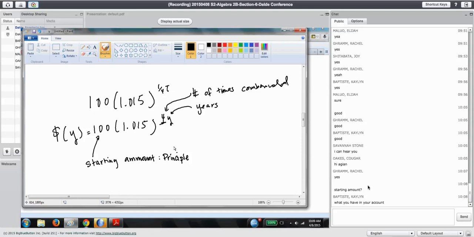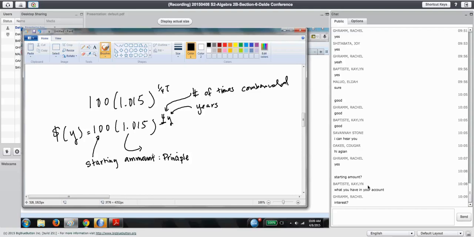What does the 1.015 represent? This one's a little bit confusing. Where do we get that? That was the interest, and it wasn't exactly the interest.